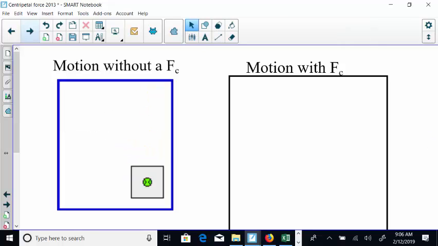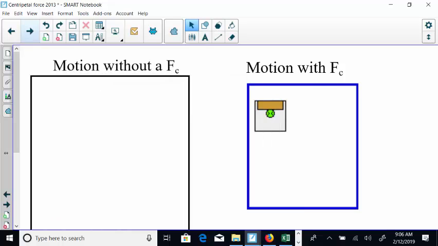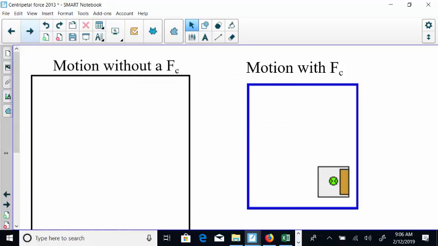That's essentially Newton's first law. Objects in motion stay in motion. In order to get that ball to move in a circle, you have to apply a force. So this is the same exact ball moving in the same exact straight line, except now there's an outside force being applied to it.